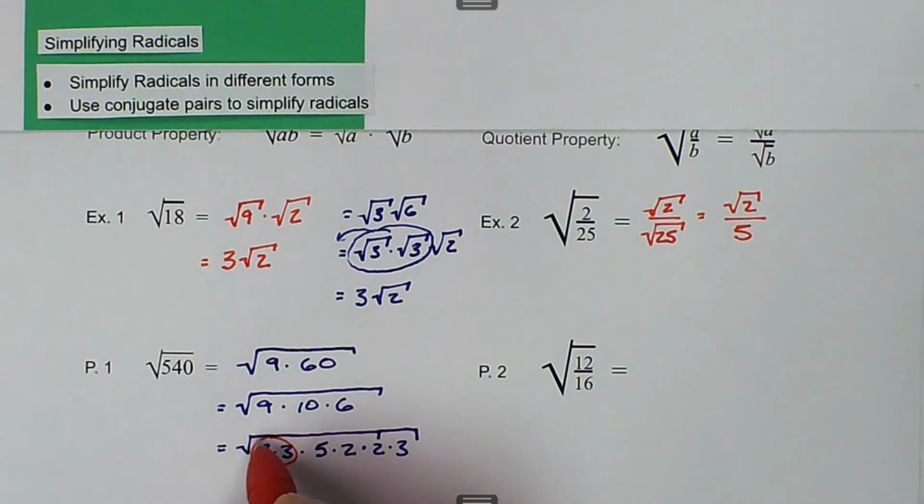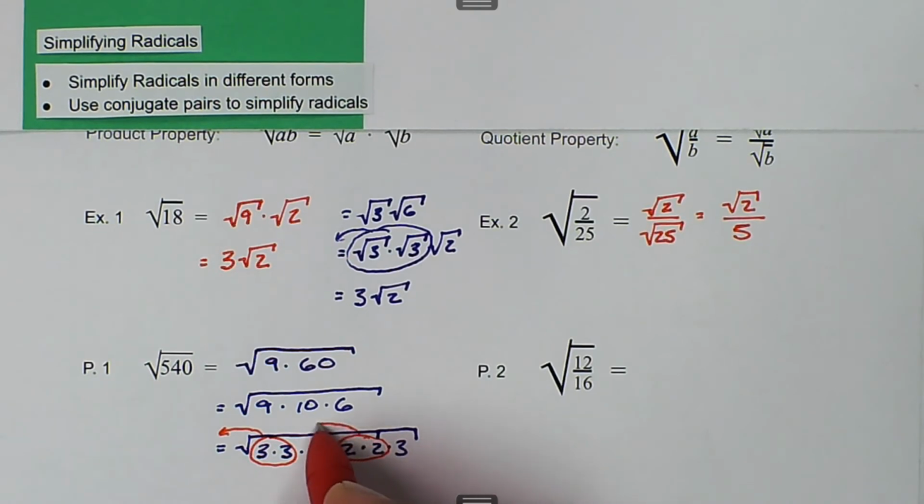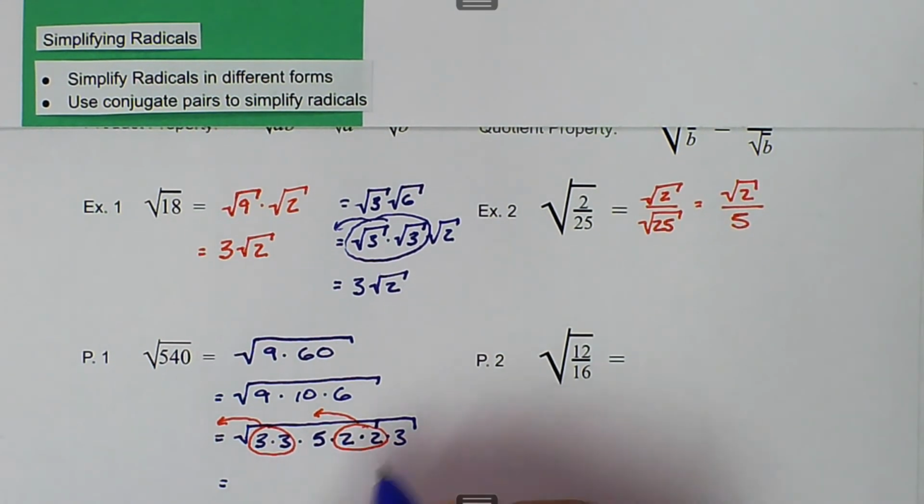So we can take the 3's out, and we can take the 2's out because we have 2 of those. So what we end up with is the 3's come out as 1, 3. The 2's come out as 1, 2. And then we get the square root of 5 times 3.